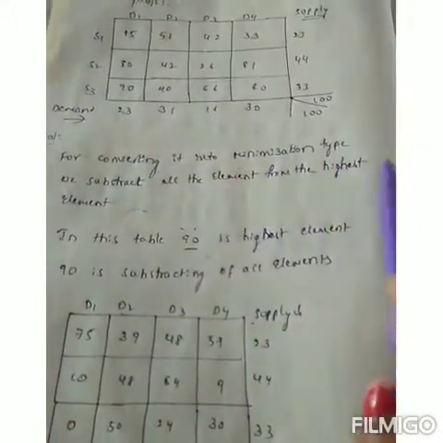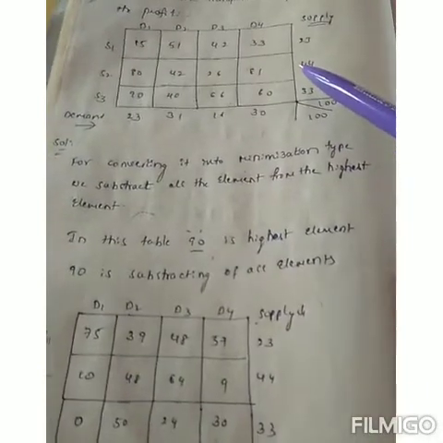So for converting it into minimization, we subtract all elements from the highest element, and it will be converted from maximization into minimization form. In this table 90 is the highest element, so 90 is subtracted from all elements.